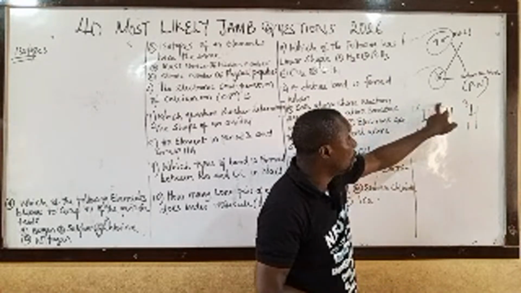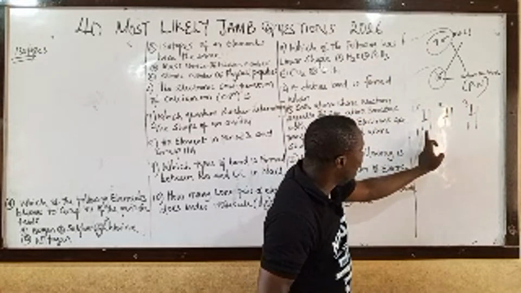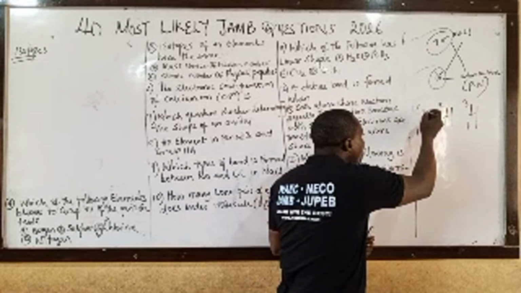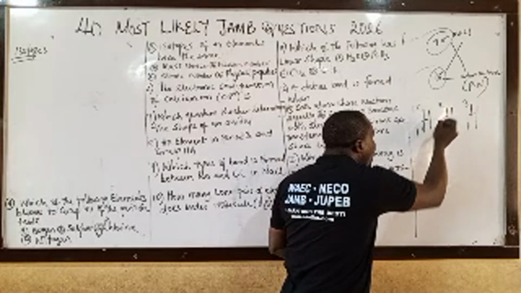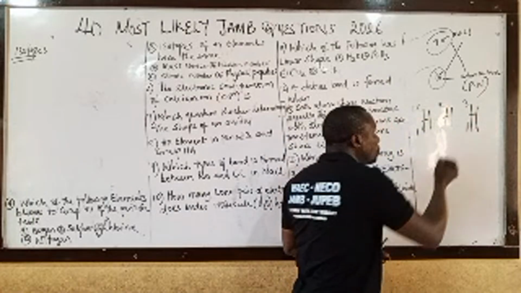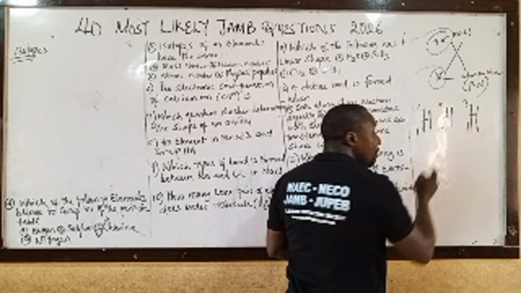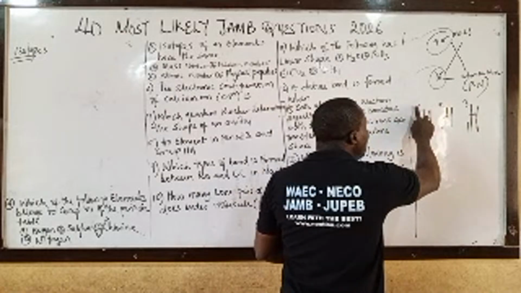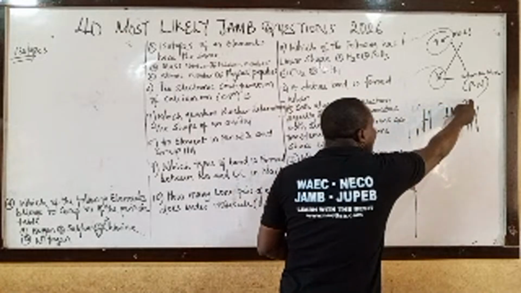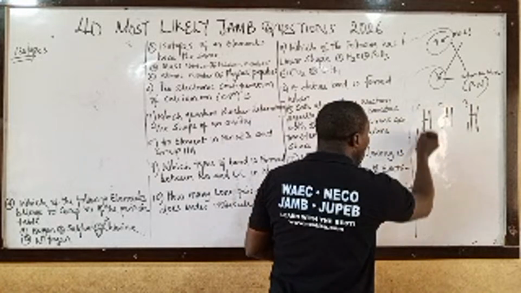Mass number is the one on top, but the same atomic number, 1, 1, 1. Atomic number is proton number. That is isotope.